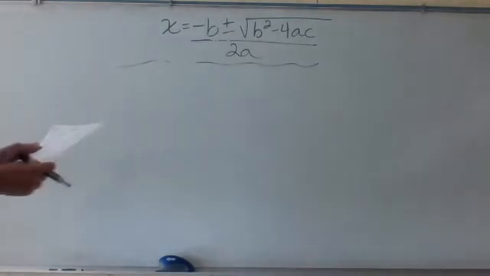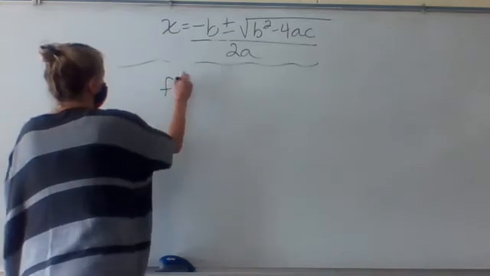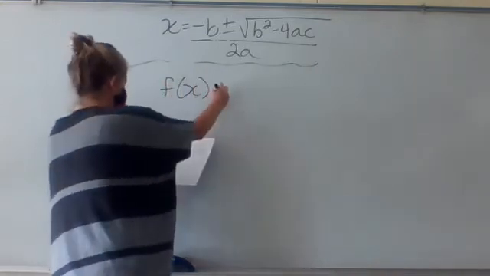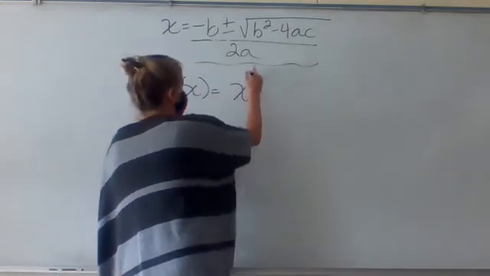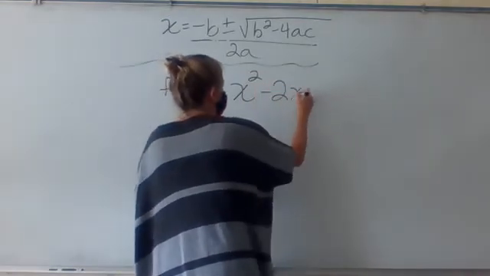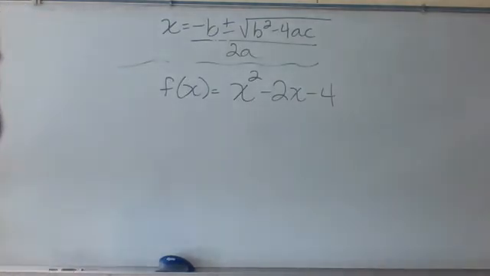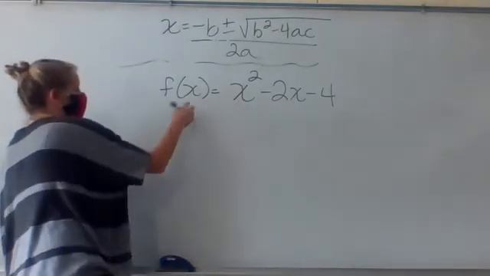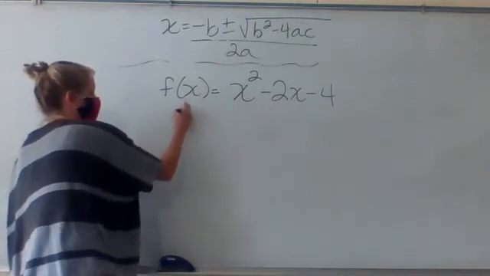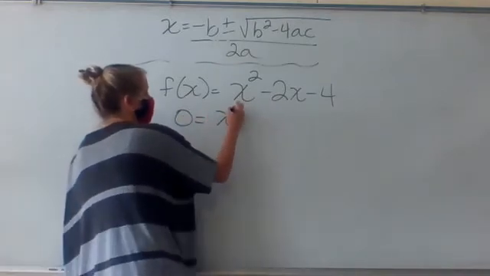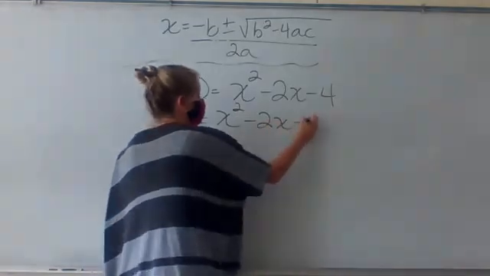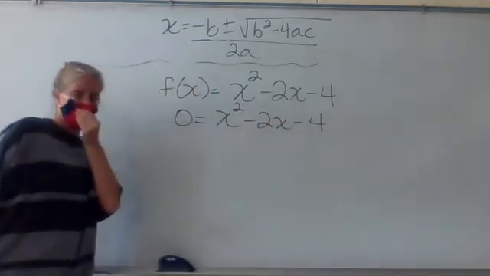F of x equals x squared minus 2x minus 4. So if I'm finding zeros, I need to see what makes that equal to 0. Equals x squared minus 2x minus 4.